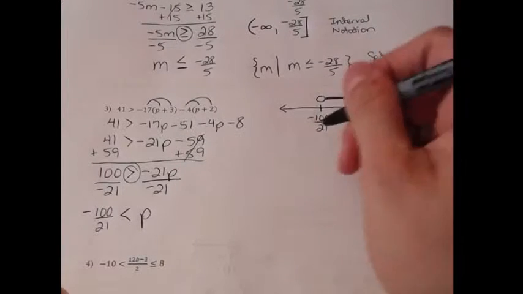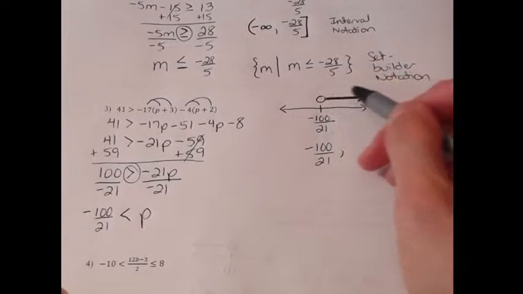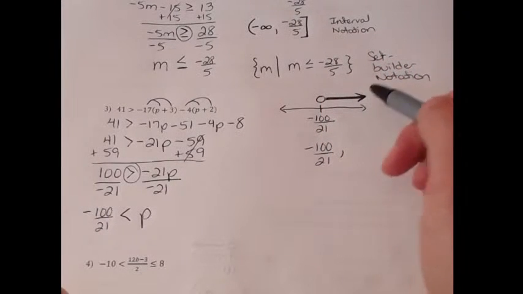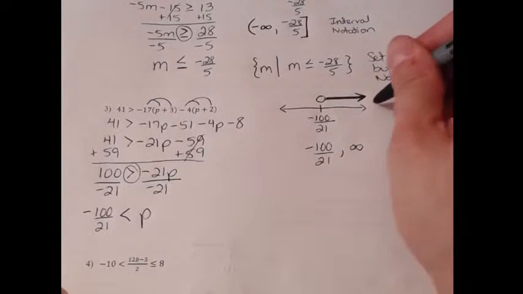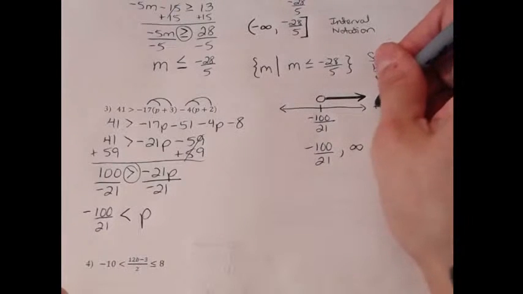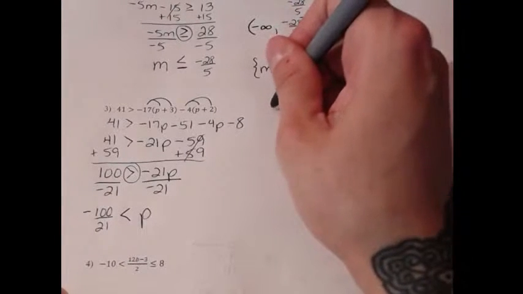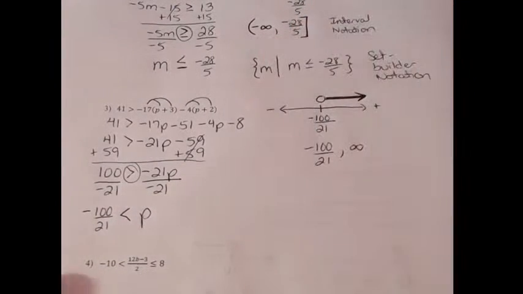So your lowest value is negative 100 over 21, and your greatest value, implied by the arrow, is infinity. We're going towards positive infinity, right? To the right, you're growing larger and larger, so you're approaching positive infinity. To the left, you're getting smaller and smaller, so you're approaching negative infinity.